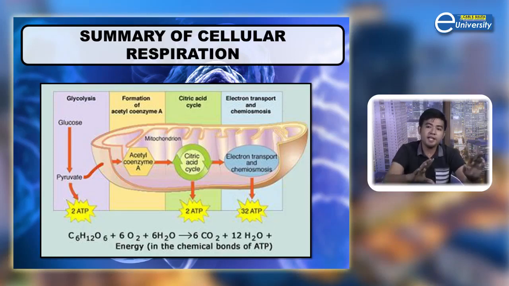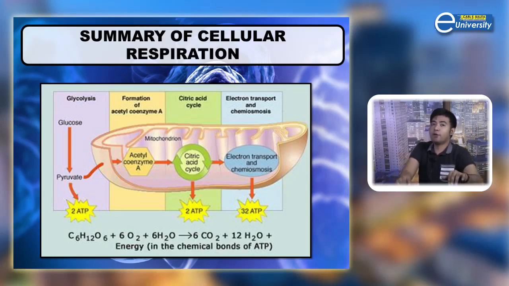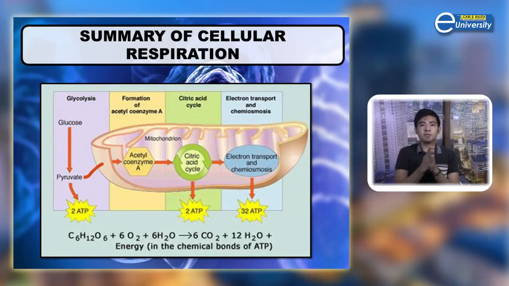Again, NADH and FADH release their electrons, in which these electrons or hydrogen ions travel from the inner membrane to the outside of the membrane, creating the concentration gradient. When the concentration gradient is provided, the hydrogen ions will now travel through the ATP synthase, forming adenosine triphosphate. Since in the process of the electron transfer chain it produces 32, or some books say 32 ATP, but other books say 34 ATP.